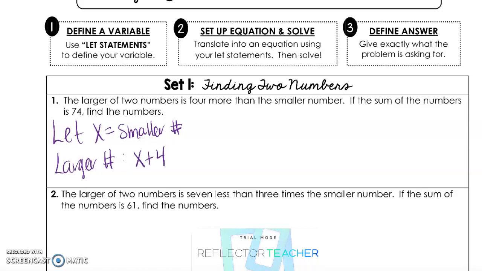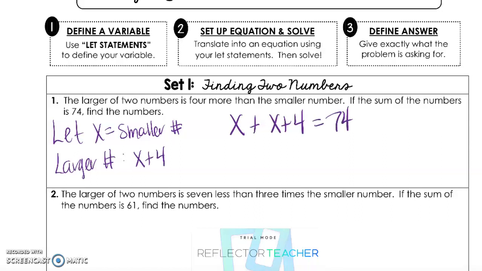Some people say, just have your smaller number be x and your larger number be y. That doesn't help you. You need to have one variable used for each part. Then it says the sum. The smaller number, x, plus the larger number, x plus 4, is equal to 74.